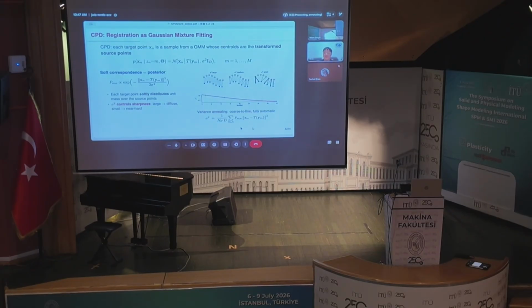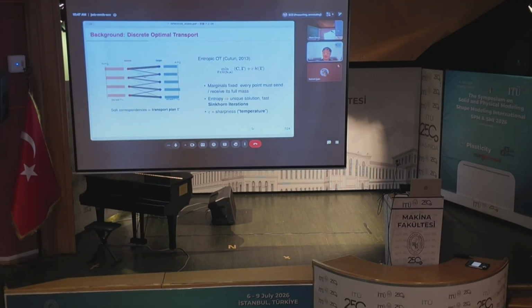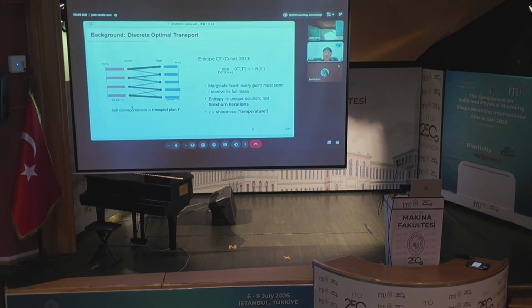CPD goes from soft to sharp, step by step. We call this annealing. The second tool is optimal transport, or OT. OT is about moving mass. The source points have mass, and the target points also have mass. The transport plan gamma tells us how much mass moves from point m to point n.